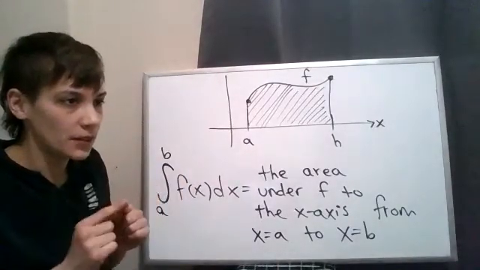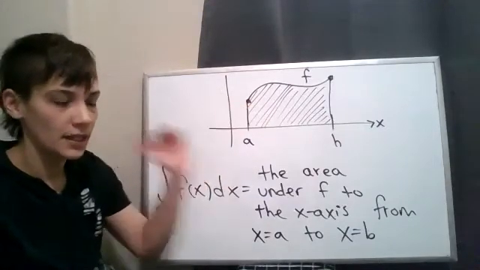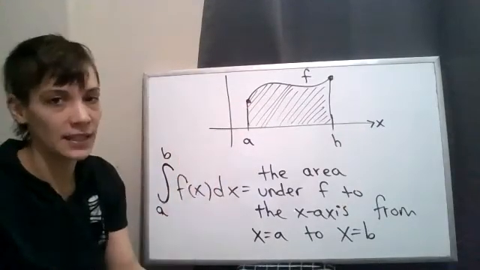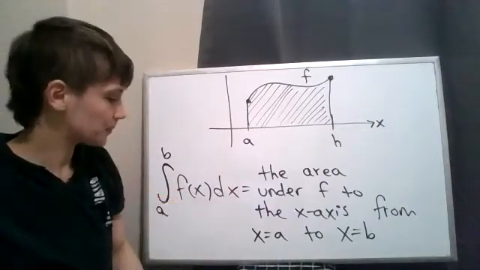Okay, so I have a function where all we have is a graph, but we're going to be able to integrate the function by finding the area under the curve to the x-axis.